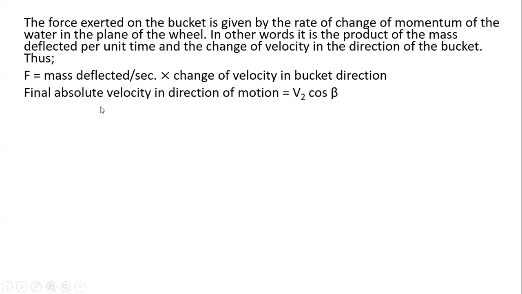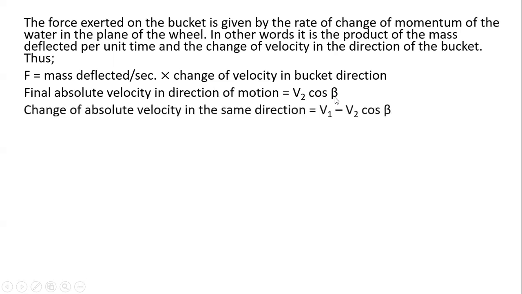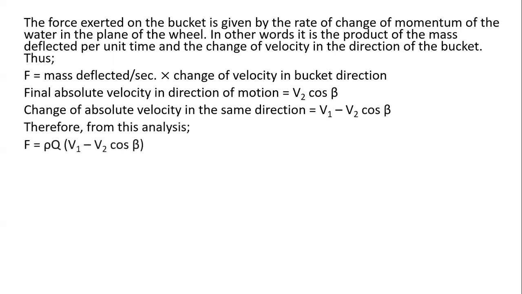But then what you will realize is that the final velocity in the direction of motion, the component, is this, V2 cos beta. Leave it like that. Then let's go to the change in velocity. The change in velocity is supposed to be V1 minus V2 cos beta, so that we're able to see how much change we have there. So with this, we can now do the analysis.